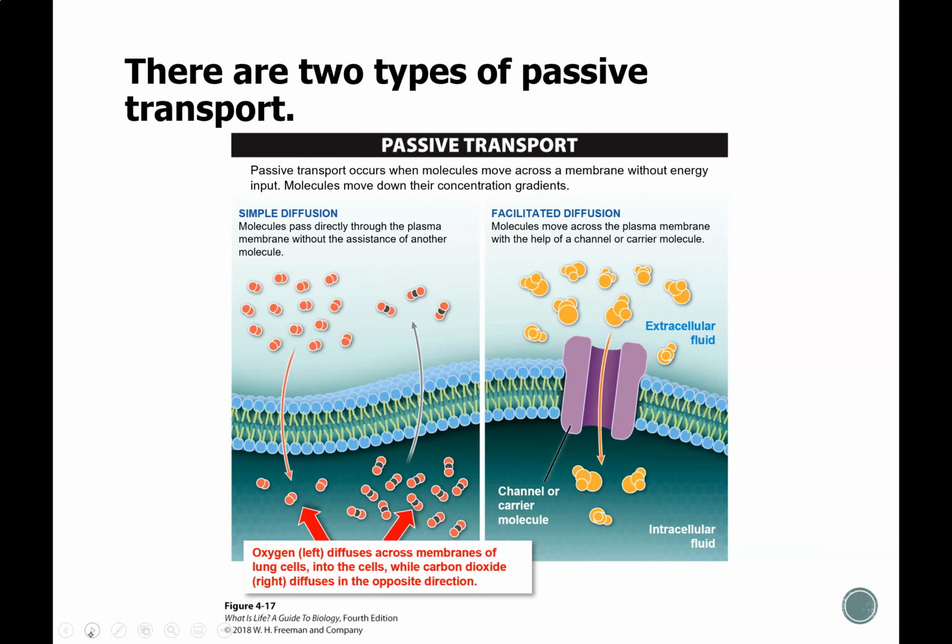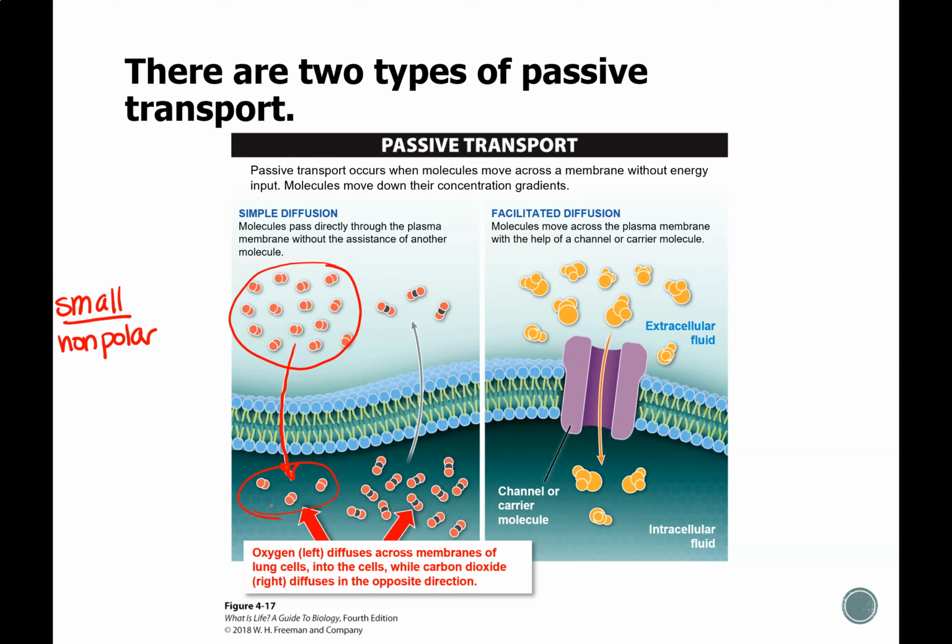So cell membranes allow for passive transport in two different ways. One is what we would call simple diffusion. It is where molecules move from an area of high concentration straight through the membrane to areas of low concentration. So here we have an example of oxygen molecules, which are small and non-polar. Because they are small, they can move directly through the plasma membrane, which a few minutes ago I said wasn't really possible.